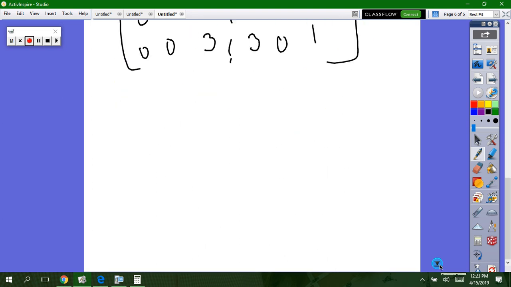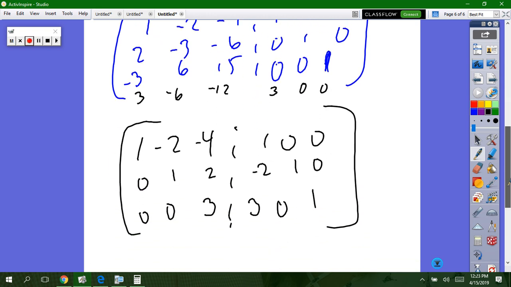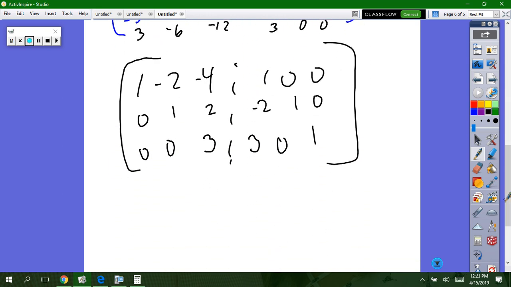In basically 2 moves, I've got what I almost want down our diagonal. What do we now want? I want a one where that 3 is, right? So therefore I have 1, -2, -4, 0, 1, 2, 0.